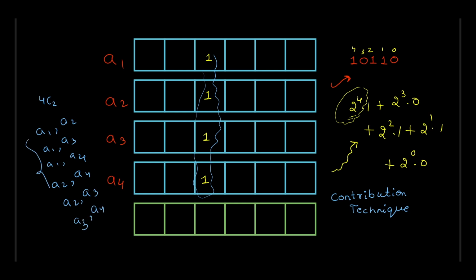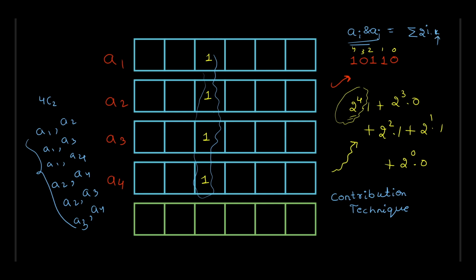So there are 4C2 ways to select a pair, and in all of these combinations, whatever the bitwise AND of AI and AJ is, instead of computing this in a bit by bit fashion, you can express it as a summation of 2 to the power I into whatever the coefficient is, whether it is 0 or 1 in front of that.